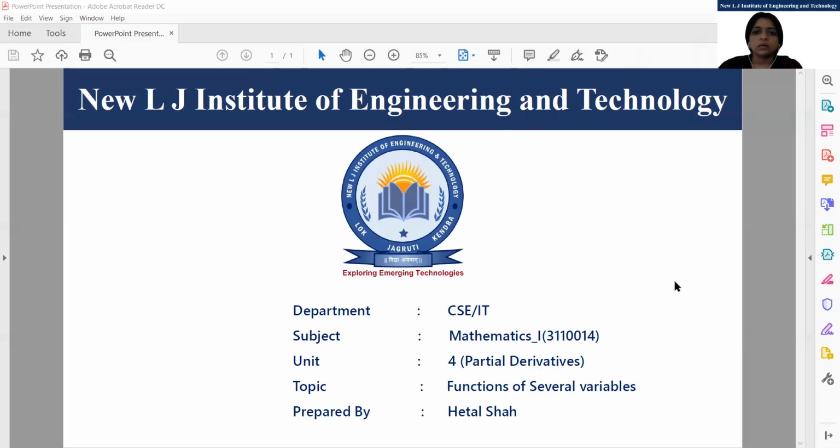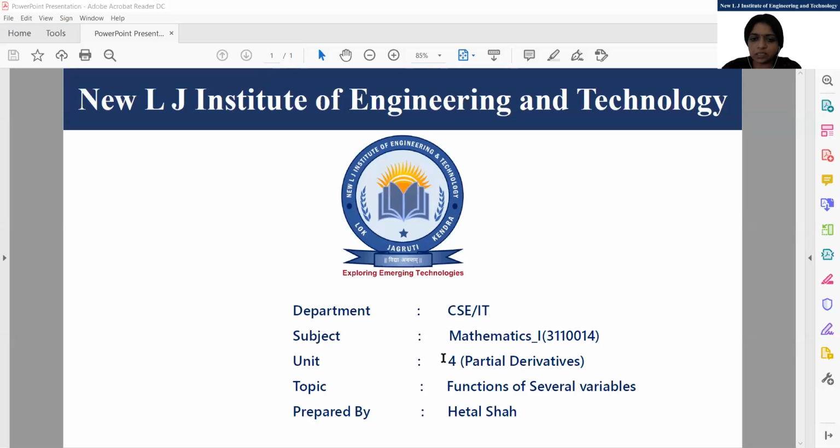Okay, thank you. So today we start our new chapter, Unit 4, that is partial derivatives. Today we learn about the function of several variables. See carefully, what is the unit name?